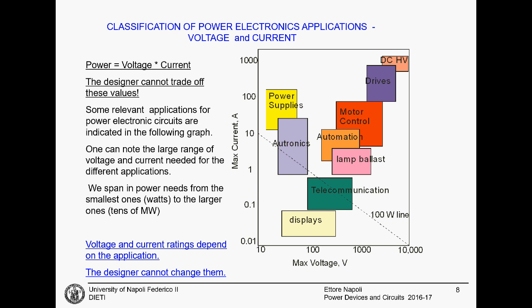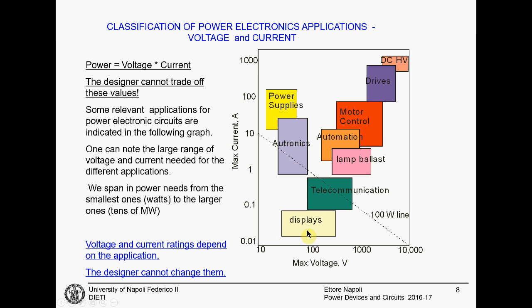Usually the voltage is fixed and then comes the current. This means that we can classify the applications as a function of the voltage and the current separately. It is clear that mostly you have this trend that if the voltage increases, also the current increases, but the applications can be more or less classified like this.